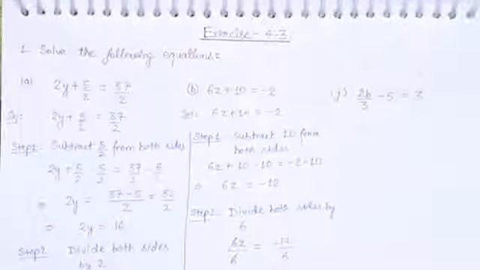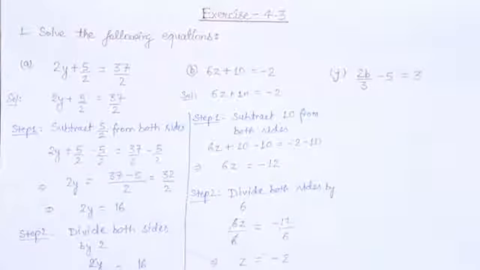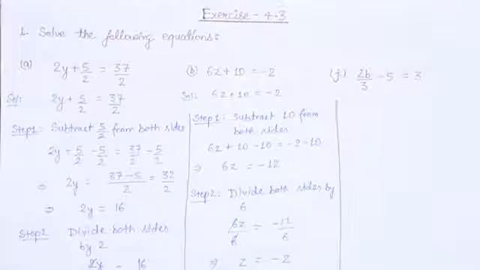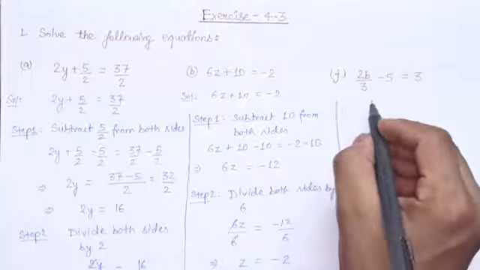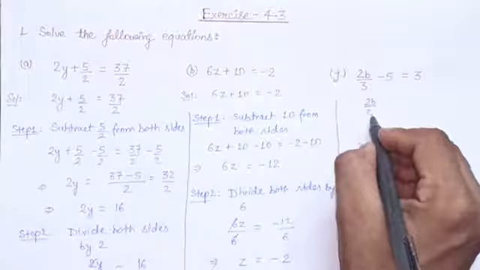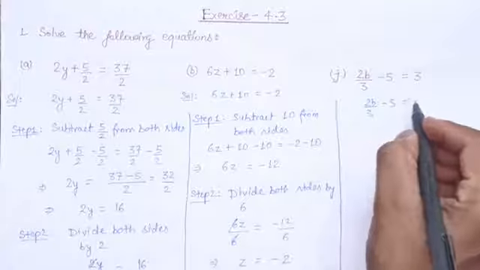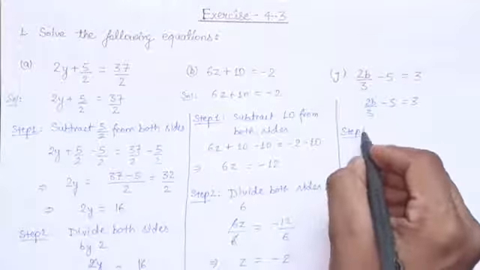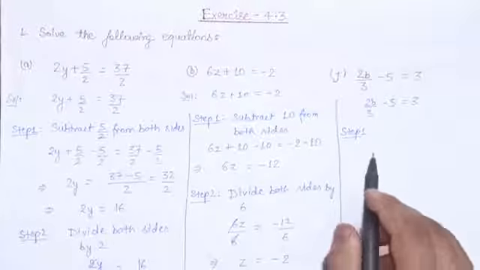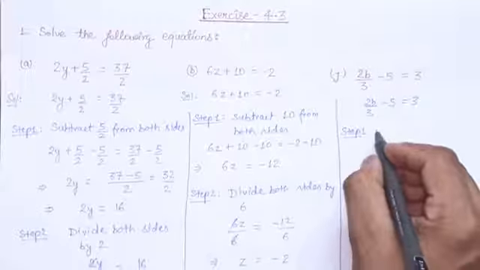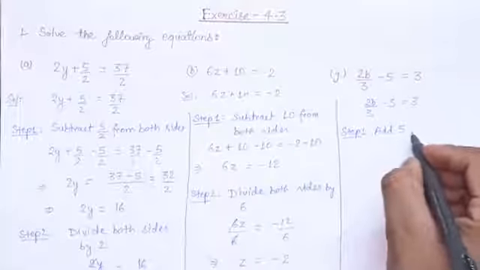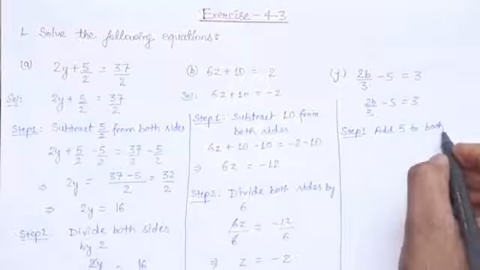In the next part we have given 2b by 3 minus 5 equals to 3. So step 1, in step 1 what we do, add 5 to both sides.